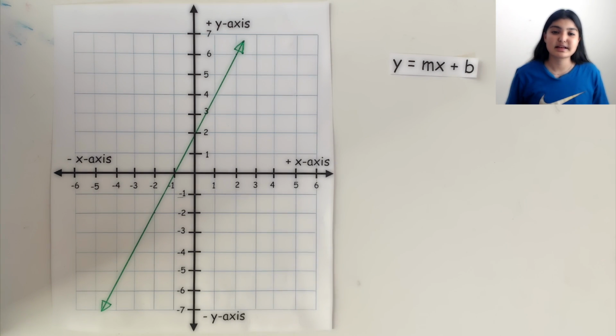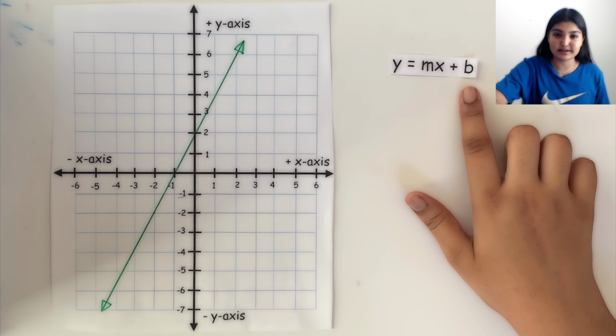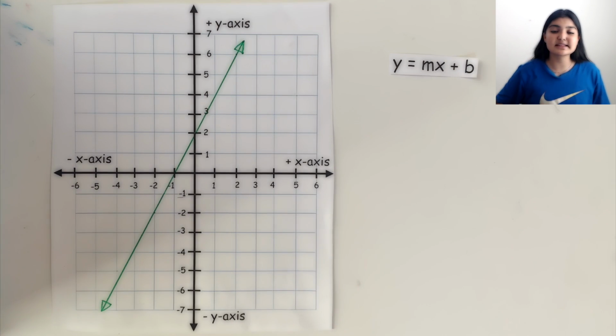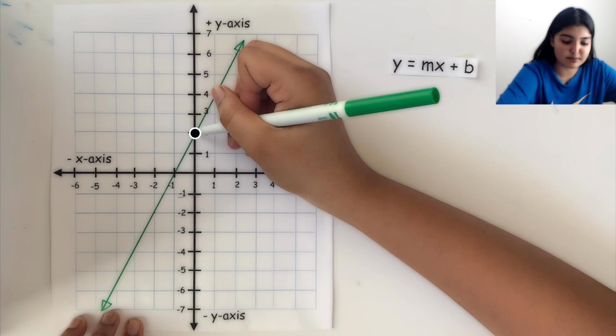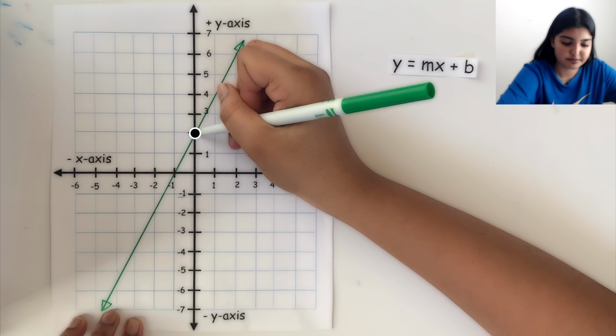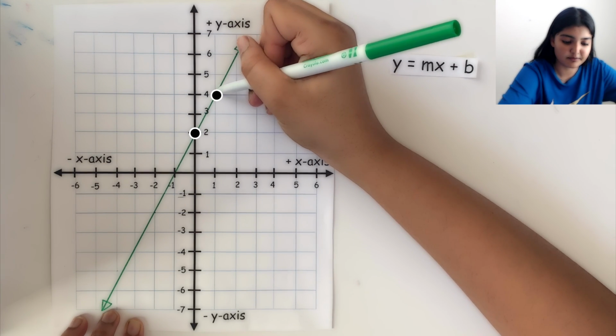Let's start by finding the values of M and B. So let's start by finding the slope of this line. We can find the slope by picking 2 points on this line. Let's pick 1 point here and 1 point here.